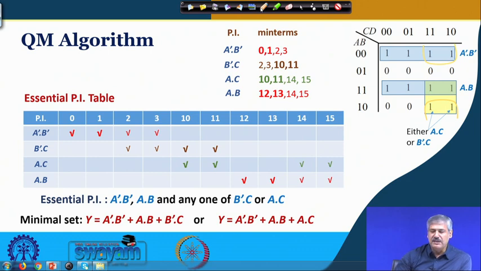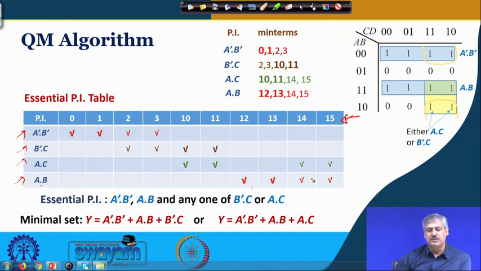The min terms that need to be covered for this example are 0 1 2 3, 10 11, 12 13, 14 15. Then we write the corresponding prime implicants and the min terms covered by them. The coverage by A prime B prime is 0 1 2 3, B prime C is 2 3 10 11, AC is 10 11 14 15 and AB is 12 13 14 15.